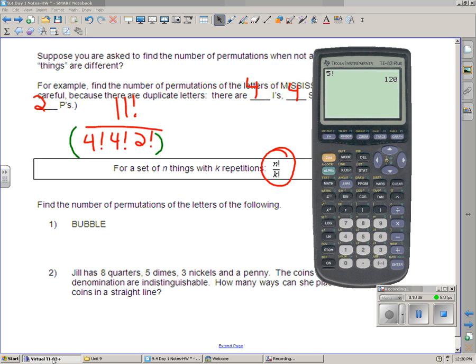Here's how it's going to work. 11 factorial divided by, in parentheses, 4 factorial, another 4 factorial, and a 2 factorial. Close up your parentheses, and there are 34,650 ways.